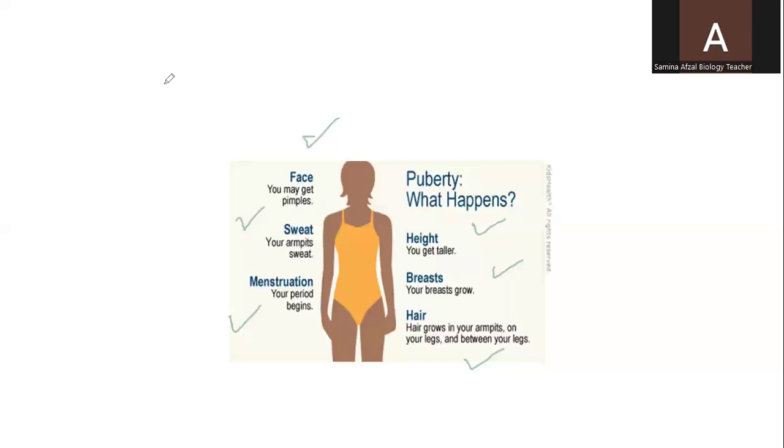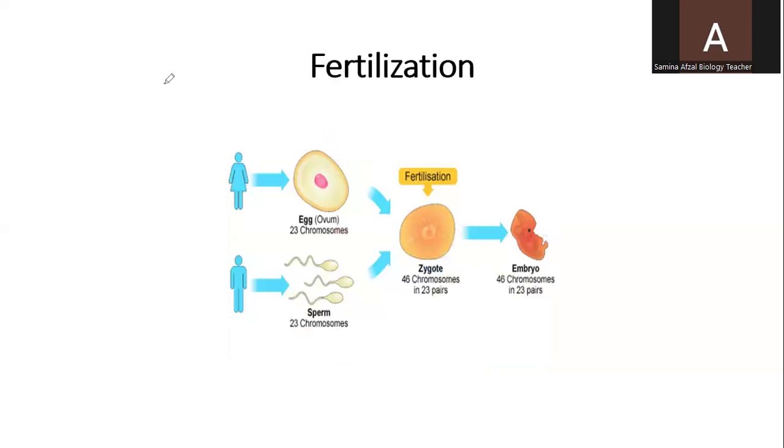The process of fertilization takes place when an egg fuses with the sperm. Fertilization results in the formation of a zygote, which has 46 chromosomes, or a complete set of 23 pairs.